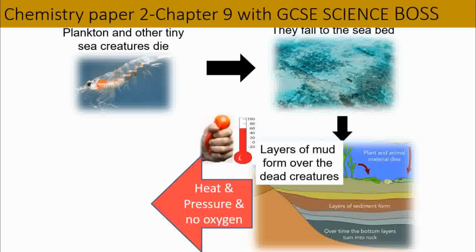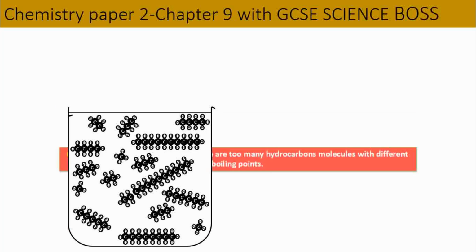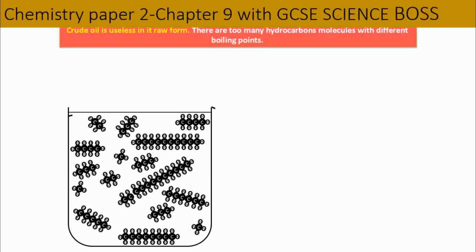Now, because they are covered up, over time, this causes heat and pressure, and because of the lack of oxygen, because they've been covered by the layer of sand and dirt, over time, it's then converted into crude oil. Now, it's important that you know these steps, okay?